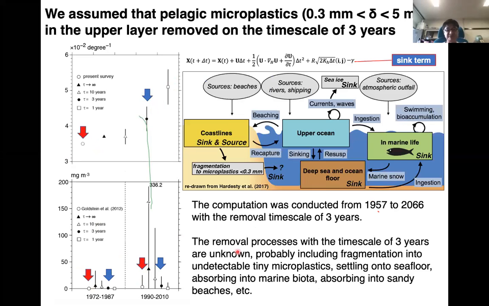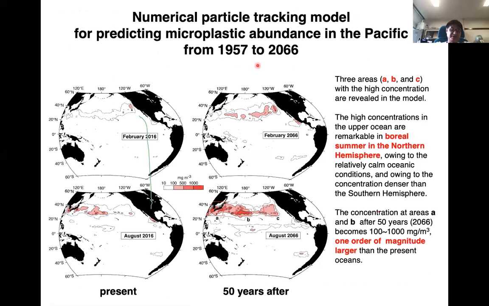So we choose around 3 years as the appropriate time scale to express the removal process of the microplastic from the upper layers. Okay, this is the result of the numerical model with the time scale of 3 years for the removal process.